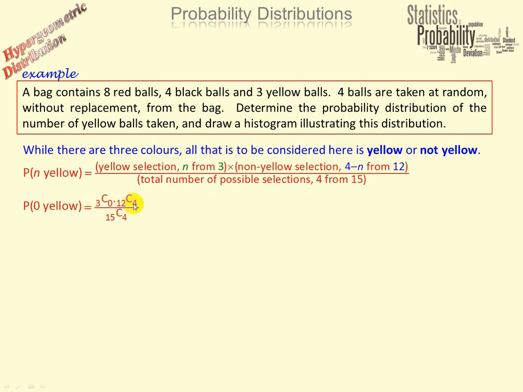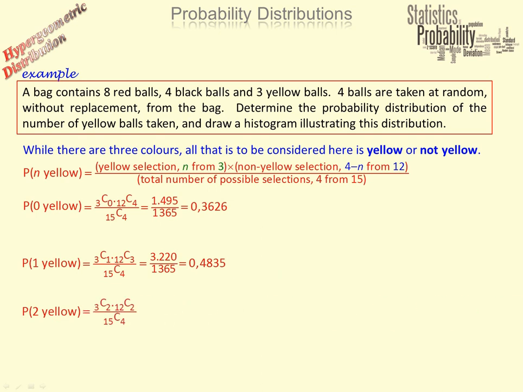Combination of 0 from 3, and we're going to find 4 from 12, and it's 4 from 15. 1 yellow. 2 yellows. Notice once again, combination of 2 from 3 yellows, 2 from 12 are the remaining, because we're choosing 4 balls, and 4 from 15 is the total number. And 3 yellow by the same combinations.